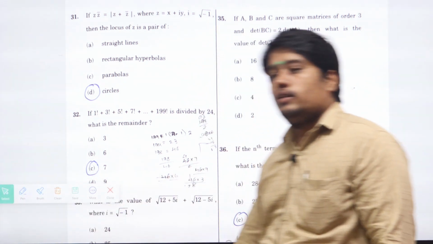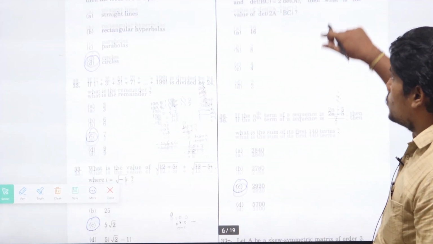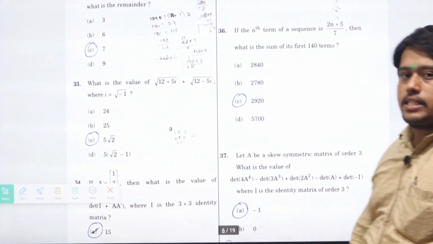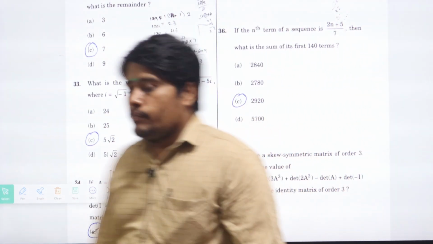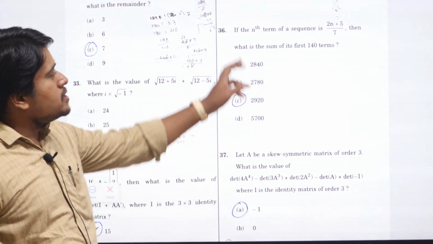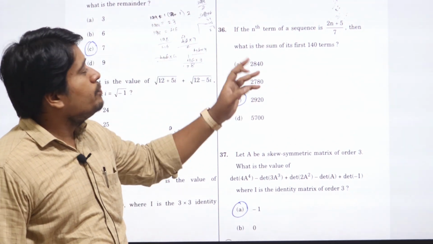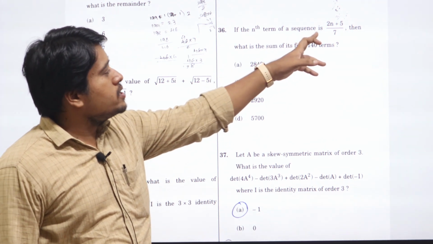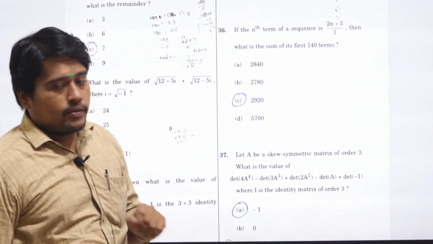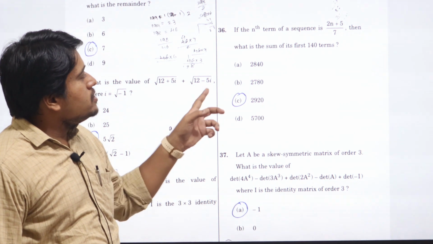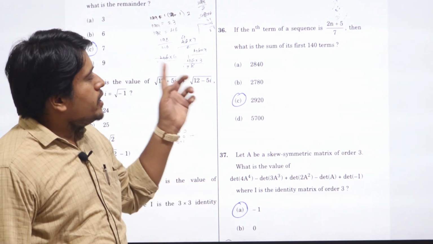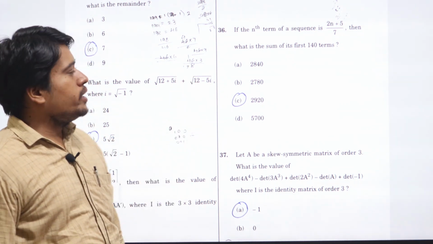Okay, next, question number 36. If the nth term of a sequence, so this is the idea of sequence and series, is (2n plus 5) divided by 7, then what is the sum of its first 140 terms?